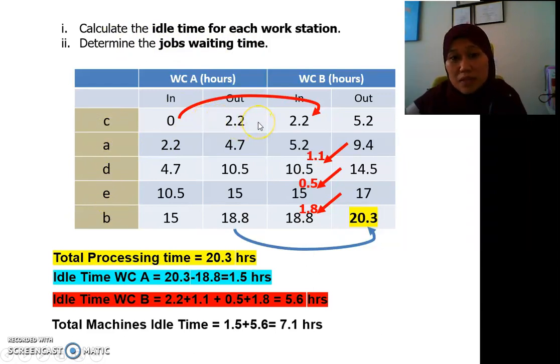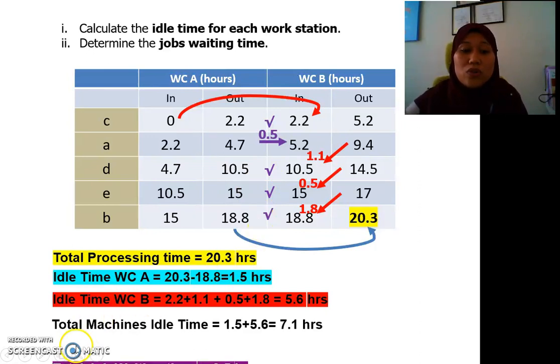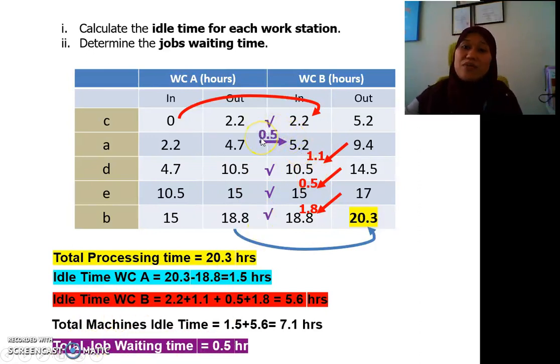This is quite easy to determine, in which we just compare the time that it gets into work center B. For the first case, there's no waiting for job C, and for this one, yes, there's a waiting time, in which job A finished at 4.7, but it couldn't go into workstation B because it's still working with job C. So it waits about 0.5, and here no waiting time, and here also no waiting time. So the job waiting time here is only 0.5.